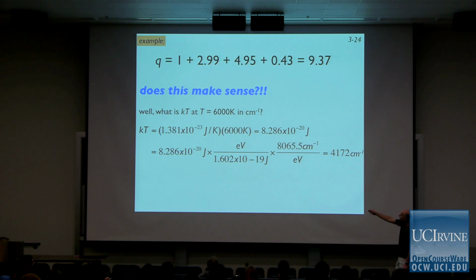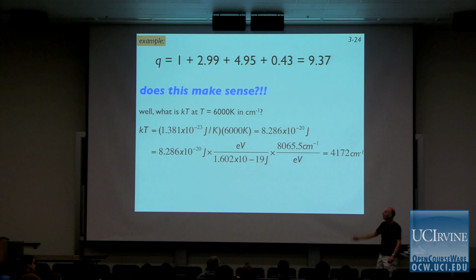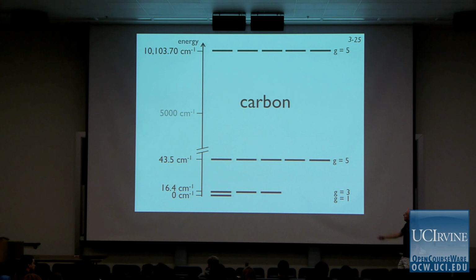The only way to know for sure is to calculate that thermal energy again. 6,000 degrees Kelvin times k gives me this number in joules, which once again is completely useless to me because I have no intuition about joules. It's always 10 to the minus 20 something. But when I convert it to wave numbers, I get 4172 wave numbers. That's a number that I do have a little bit of intuition about.